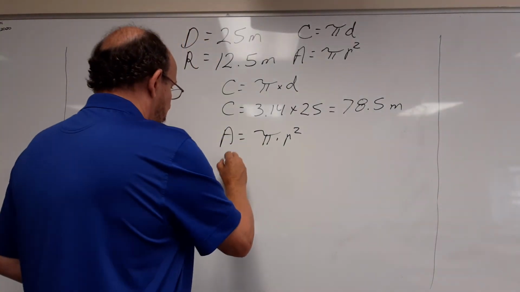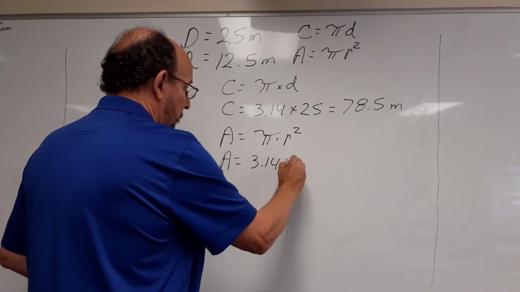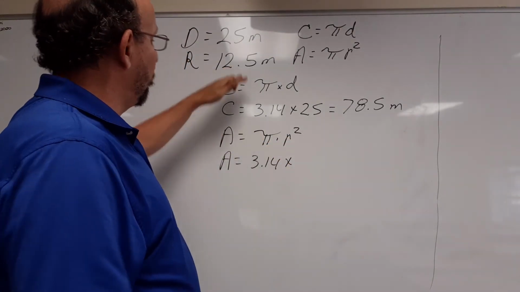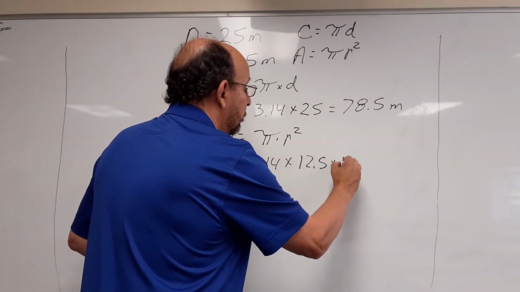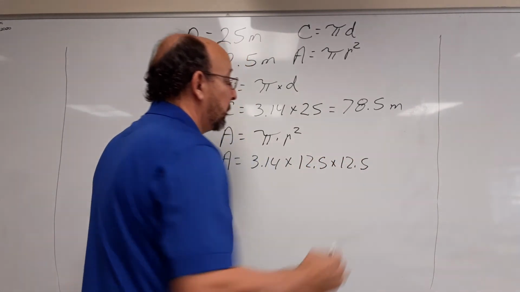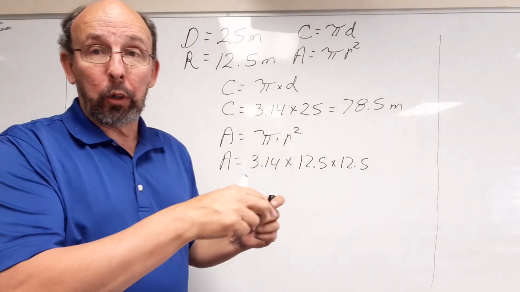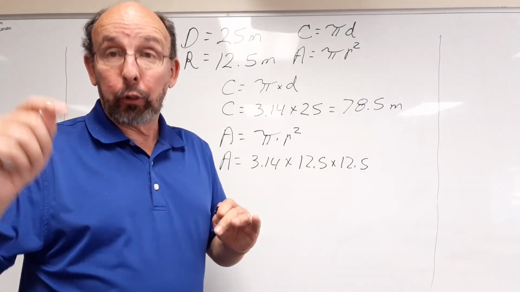All right. So A equals 3.14 times the radius squared. What is the radius? 12.5. So that means 12.5 times 12.5. Right. So if you put it in a calculator, it's just 3.14 times 12.5 times 12.5. Sometimes there's a button on the calculator that will square things for you.